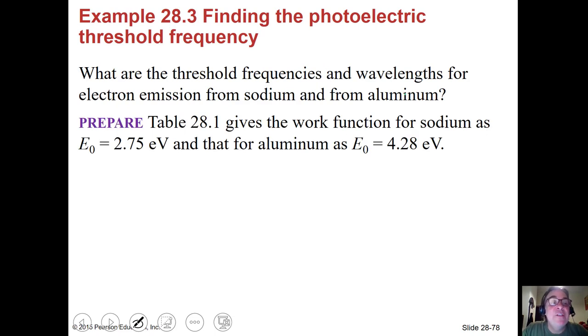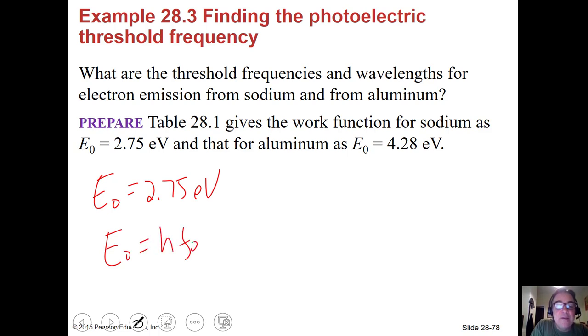Okay, let's see what we have here. What are the threshold frequency and wavelength for electron emission from sodium and from aluminum? Okay, so let's just do one of them. Sodium. Here's the work function, 2.75 eV. Okay, so we know that this, from what I've done before, is h times the cutoff frequency.